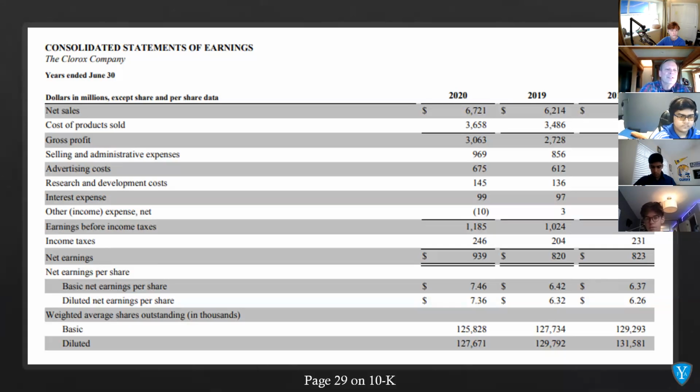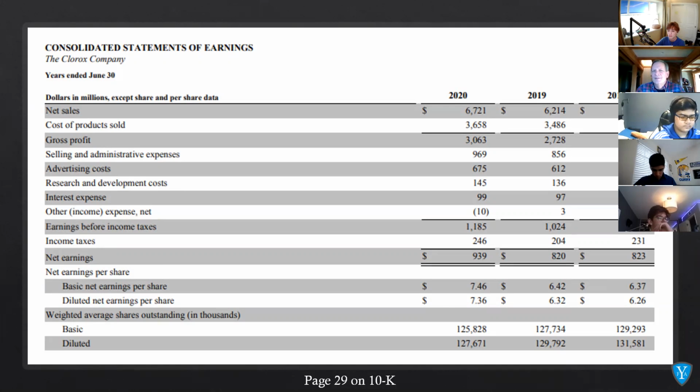Sometimes companies report in thousands, sometimes in millions, but the millions means that the smallest digit in these documents is in that denomination, so it's $1 million, and we would see this as $6 billion. The next line on there is costs of products sold.